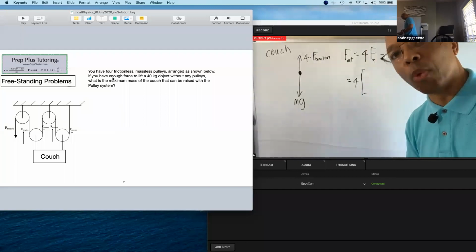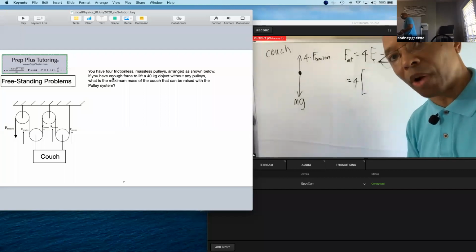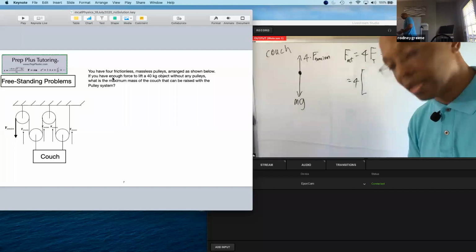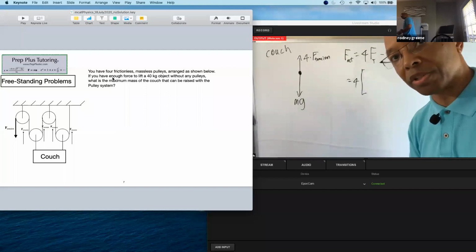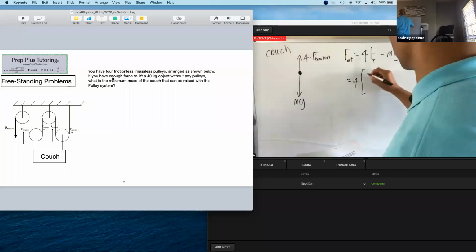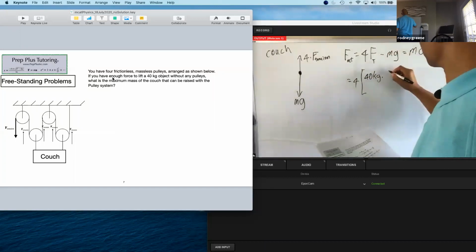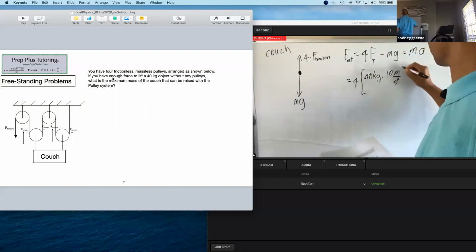So the force due to gravity of that 40-kilogram object is its mass times the acceleration due to gravity. So that's 40 kilograms times approximately 10 meters per second squared.